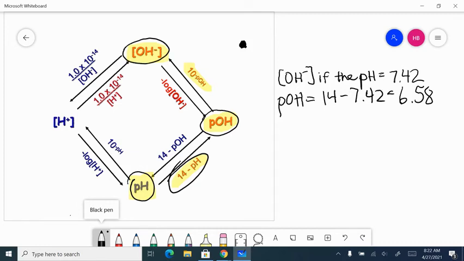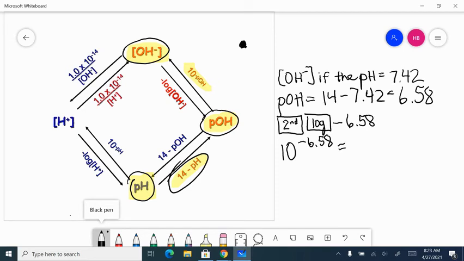So I'm going to do inverse log or second. Remember, get your calculator out and actually do this. Log of the negative sign, 6.58. And my calculator is going to look like this. That's going to give me the concentration of OH minus.